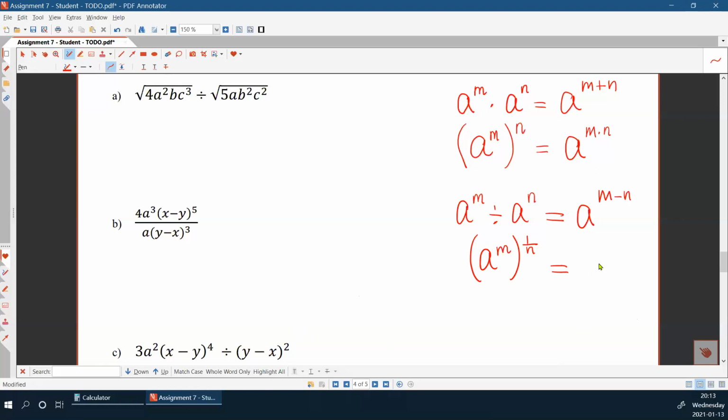Yes, that's a to the m over n's power, right? And sometimes we also can rewrite this expression as this form, right? Correct? Are we clear here? Are we clear?